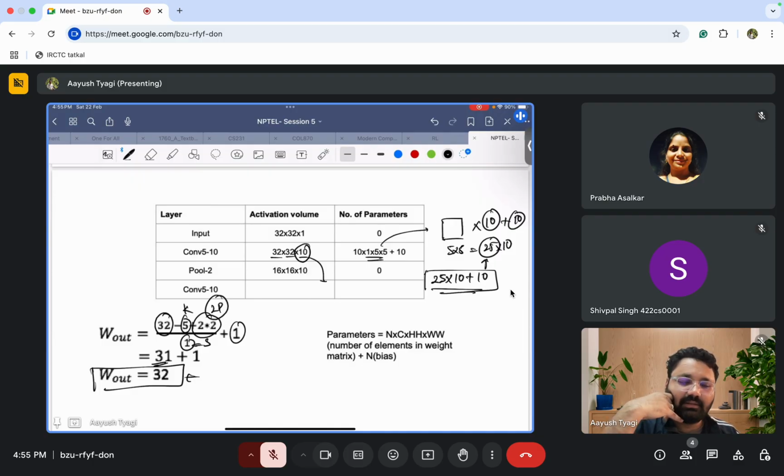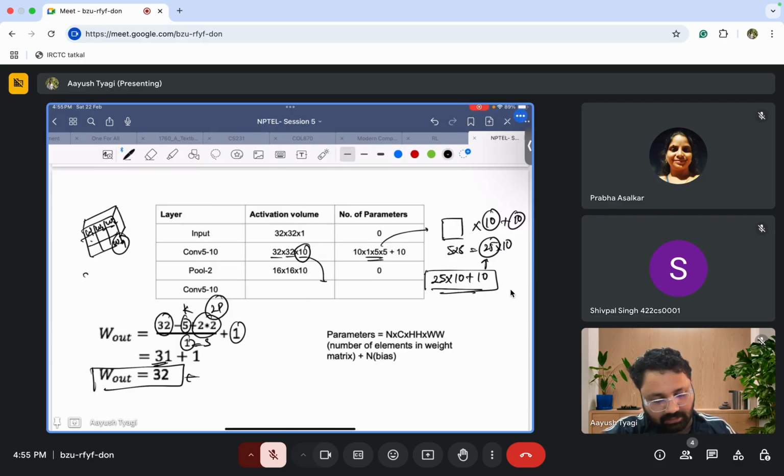Because in CNNs only the filters are learnable, right? Each filter contains, suppose it's a 3 cross 3 filter, weights w1, w2, w3 to wn, and all these weights are learnable, right? If it's a 3 cross 3 cross 3 filter, we have 27 parameters.